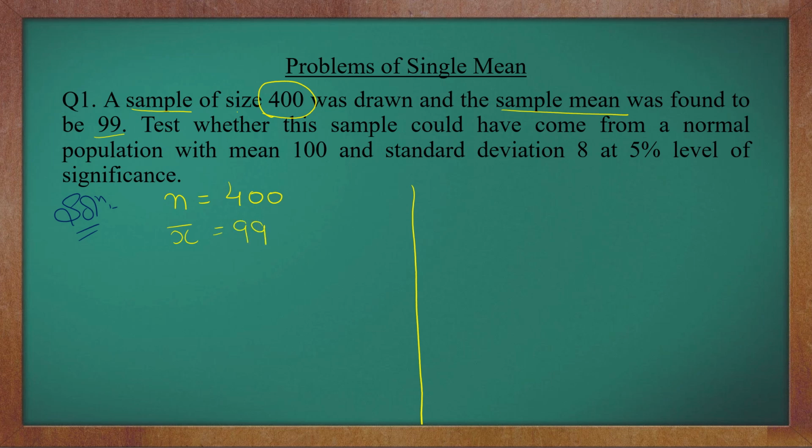Now they are asking us to test whether this sample could have come from a normal population with mean 100 and standard deviation 8. The population mean is mu, which is 100, and the population standard deviation sigma is 8.